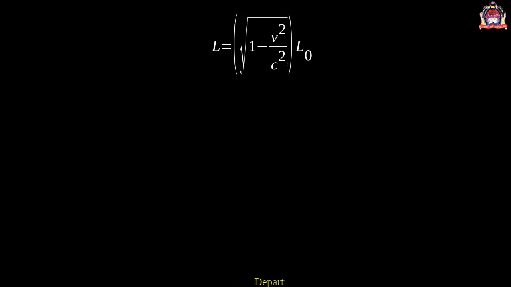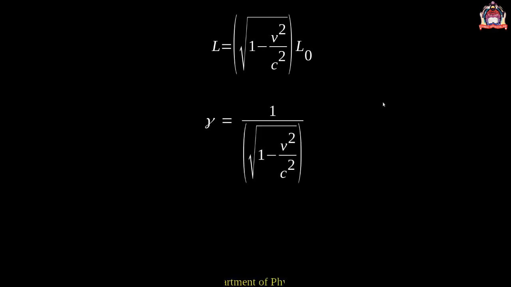We know that 1 divided by the square root of 1 - v square by c square is nothing but gamma. So we can write gamma = 1 divided by the square root of 1 - v square by c square. So L = L0 by gamma.